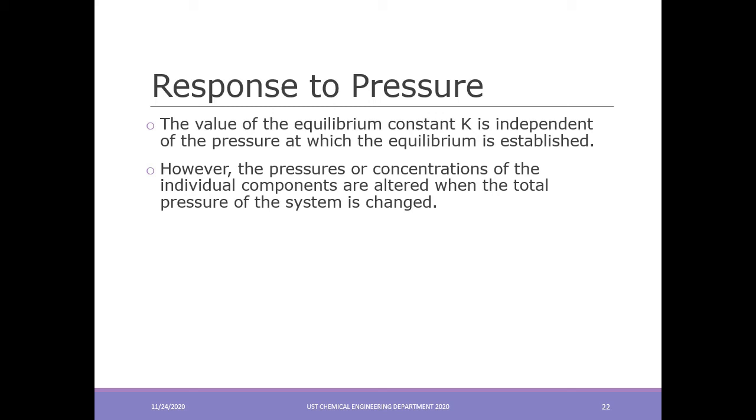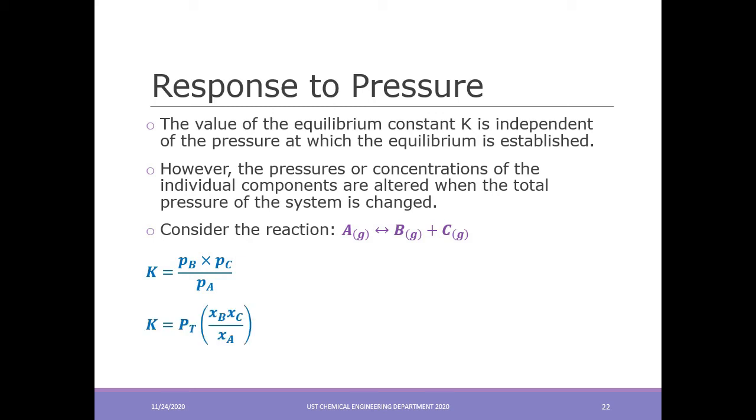We can see this effect more by considering this equilibrium reaction of A dissociating to B and C. Its equilibrium constant is given by this equation. Recall that the partial pressure of a substance is equal to its mole fraction times the total pressure. Therefore, we can also express this K equation in terms of mole fractions and total pressure as shown here.